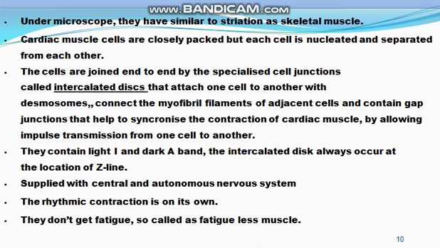And where is the Z line present? The Z line is present in the light band, the I band, through which light can pass. Cardiac muscle is supplied with central and autonomous nervous system, and the rhythmic contraction is on its own because we cannot control it, and they do not get fatigued, so they are called fatigueless muscle.